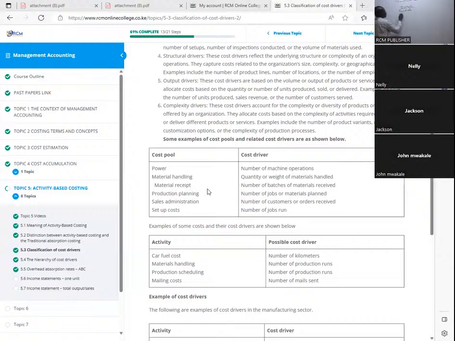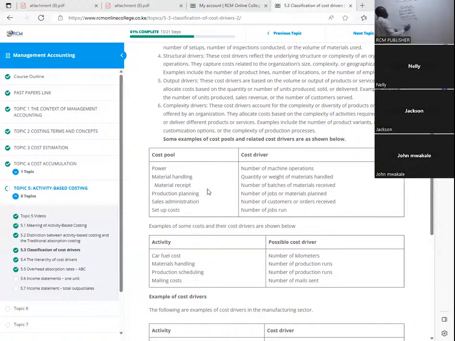We have repair and maintenance of machine. We have depreciation of machine. We have insurance of inventory.